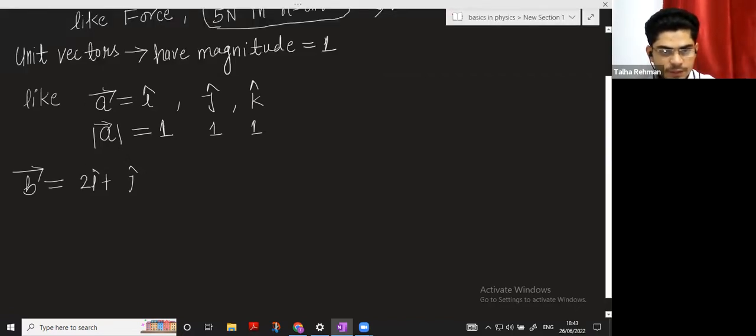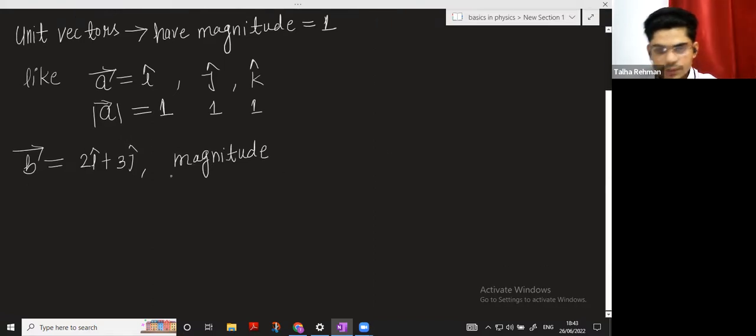Like I am taking here 2 I cap and 3 J cap. And if I want to calculate the magnitude of this vector, there is a formula.